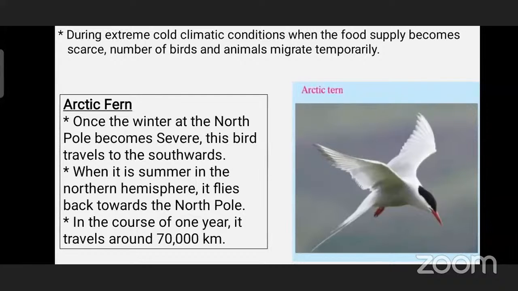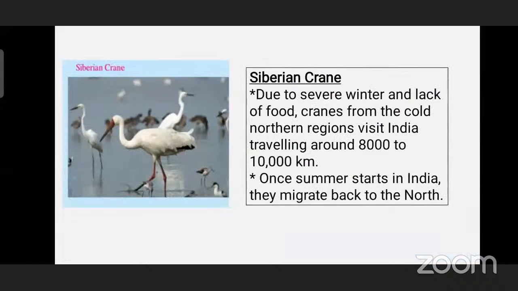Another example we will see in the next slide. See, this is the Siberian crane. Students, you must have seen this bird. It travels to India. Its name is Siberian crane. Due to severe winter and lack of food, cranes from the cold northern regions visit India, traveling around 8,000 to 10,000 kilometers.